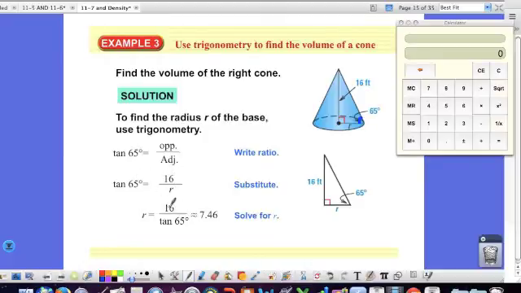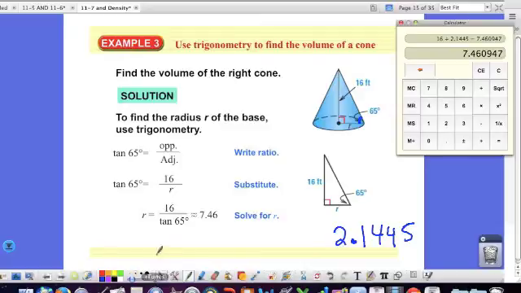We can rewrite this as the radius equals 16 divided by the tangent of 65, which is approximately 7.46. In our calculators, I know I don't have the right calculator there, but if I do tangent of 65 in my off-screen scientific calculator, it's 2.1445. And then you can see here that 16 divided by 2.1445 equals about 7.46.